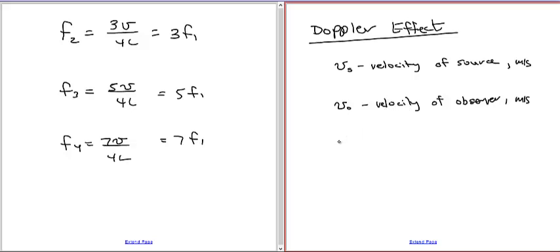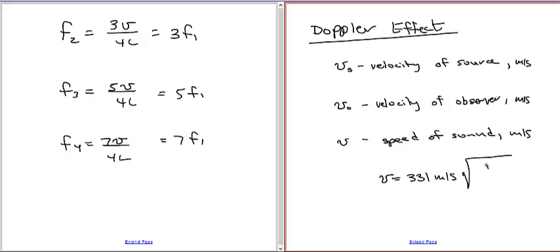Then you have the speed of sound, which we'll just call V. And you can find the speed of sound from the equation that we mentioned earlier. V is equal to 331 meters per second, square root of absolute temperature divided by 273 Kelvin.